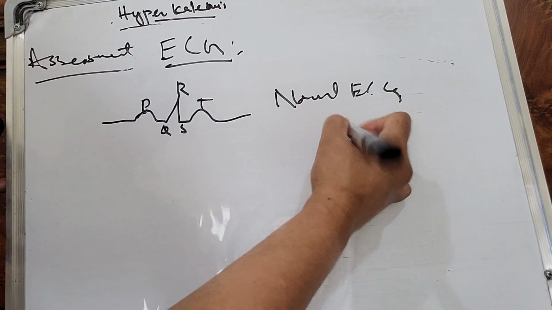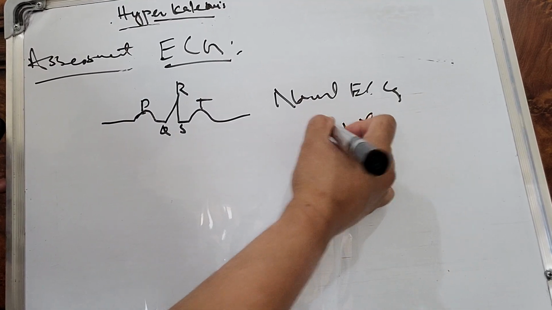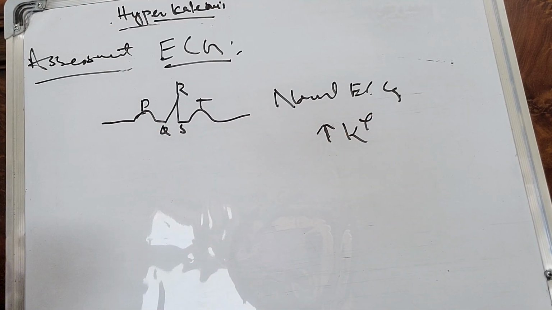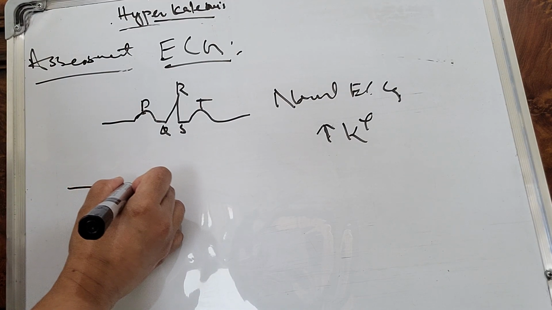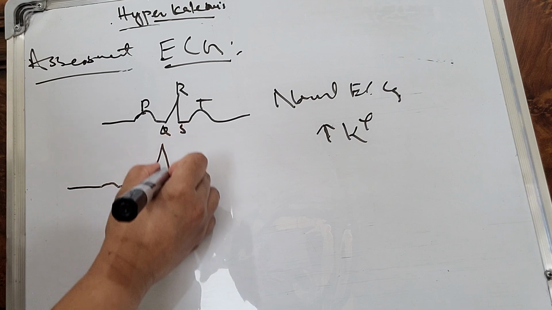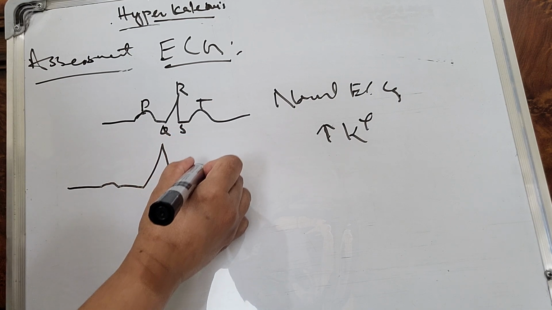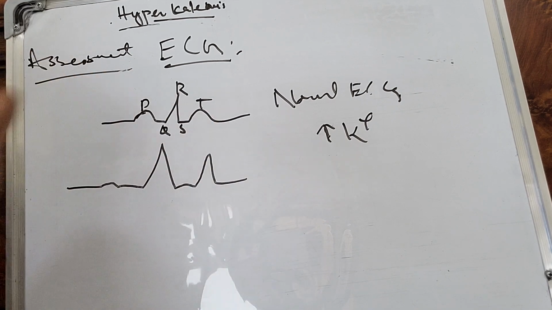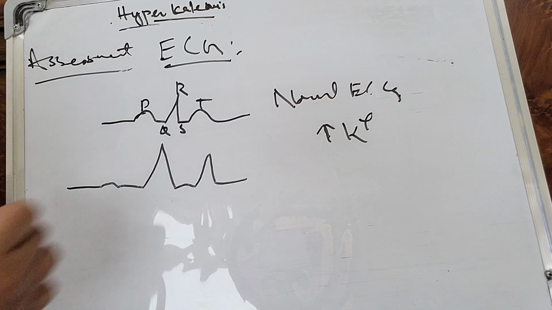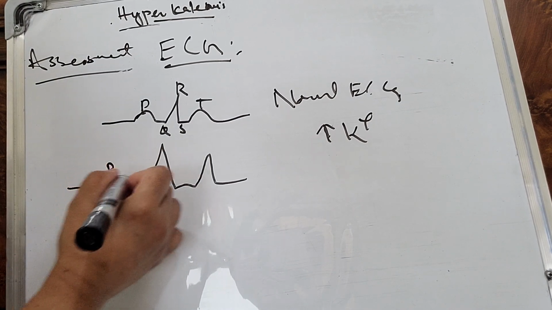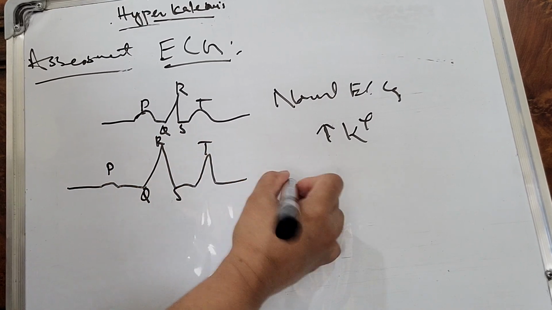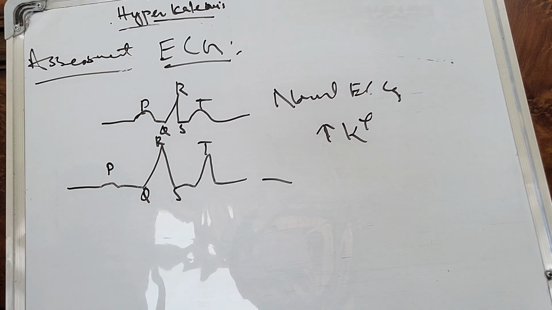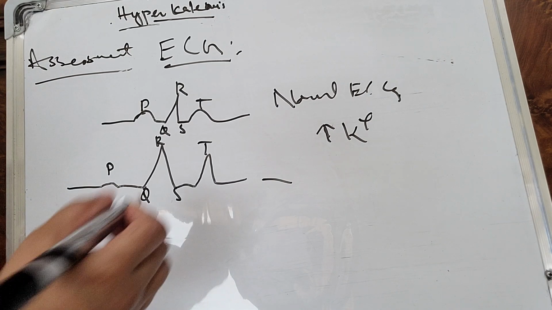In hyperkalemia, if the potassium is increased, how will the ECG be? Sorry, the drawing is not good. So this is P, Q, R, S, T. How will we see it in the hyperkalemia ECG?